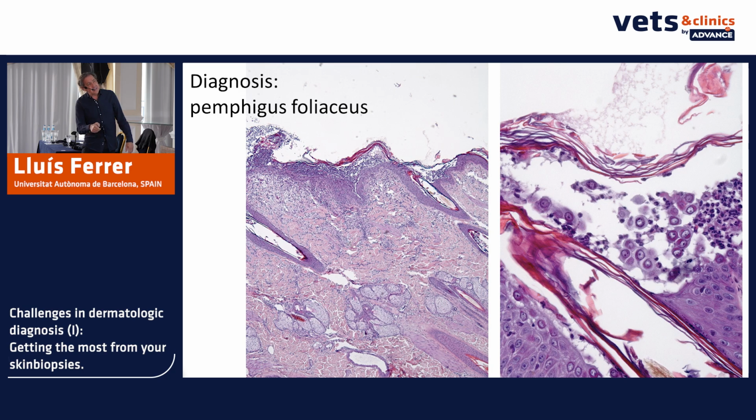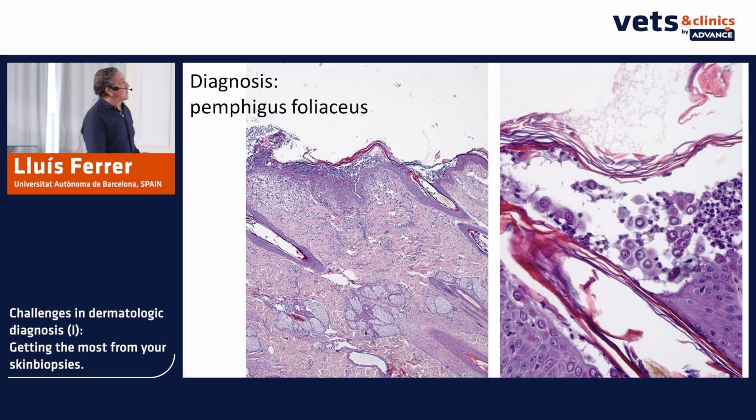And when we look inside the pustule, we see the acantholytic cells that we were seeing in the cytology. But in this case, we know clearly that this is a case of PF because the pustule is subcorneal or intergranular. There are big clusters of epithelial cells. We can exclude dermatophytosis doing special stains, so we can make a good diagnosis of PF in this case.